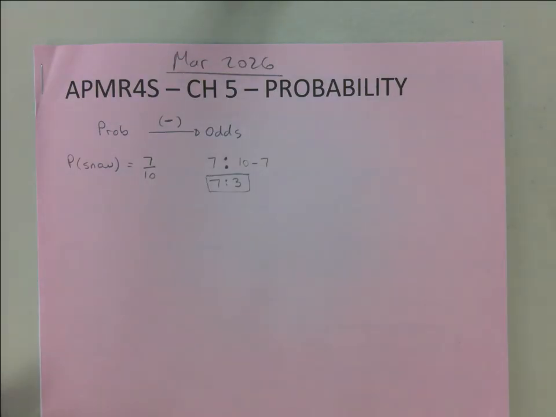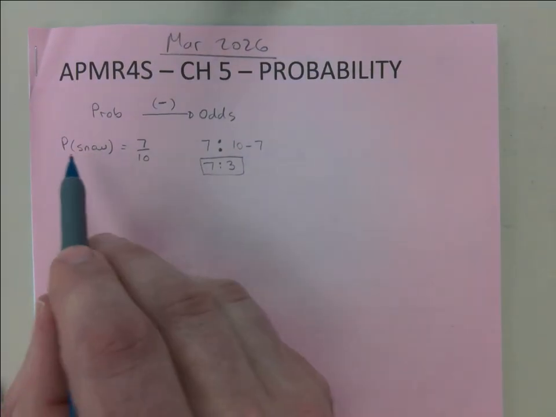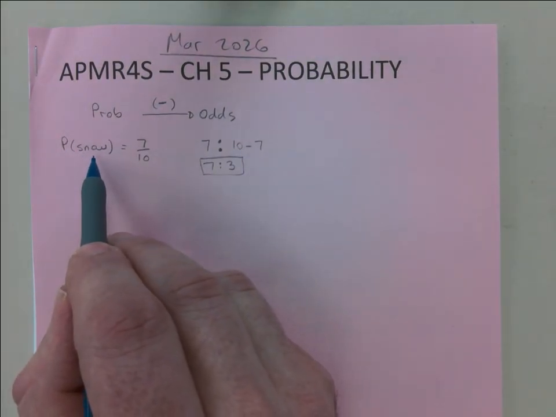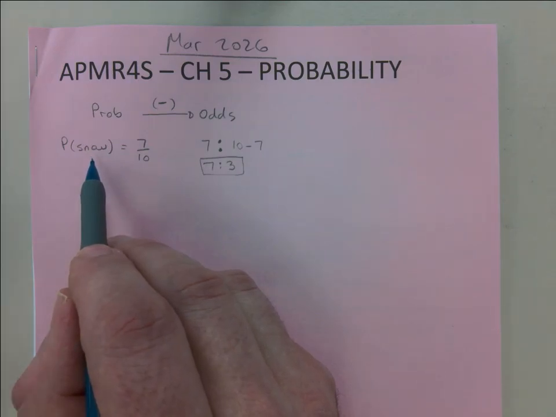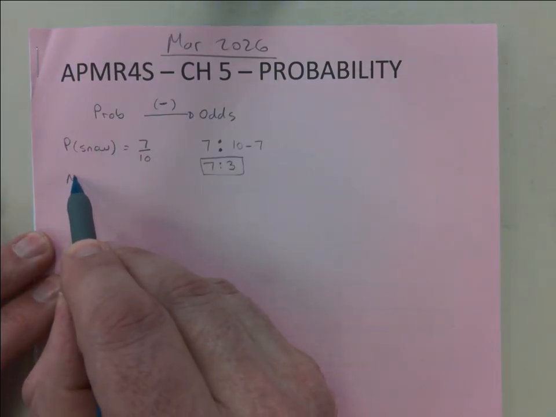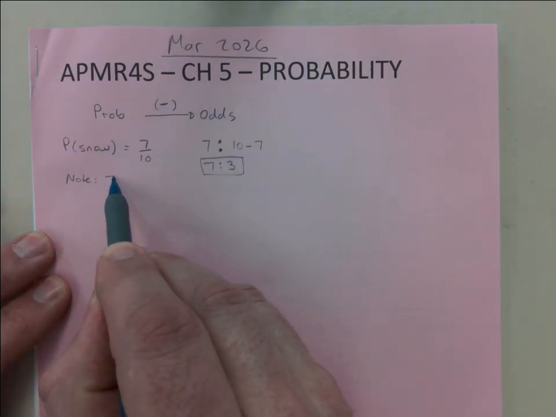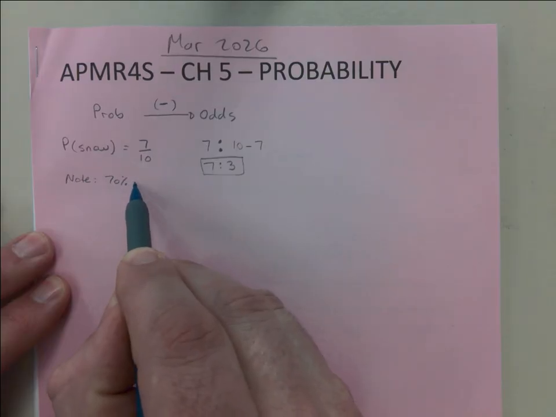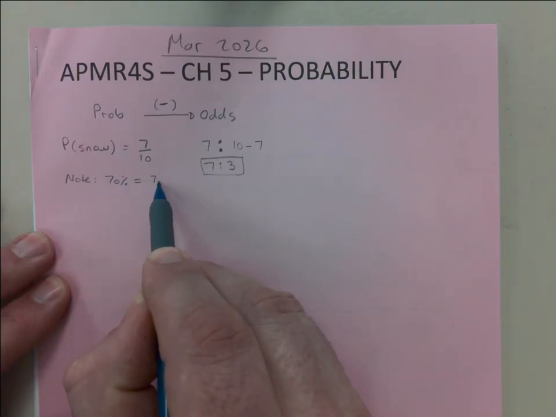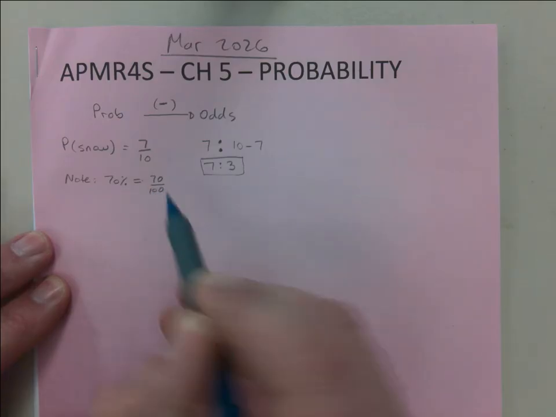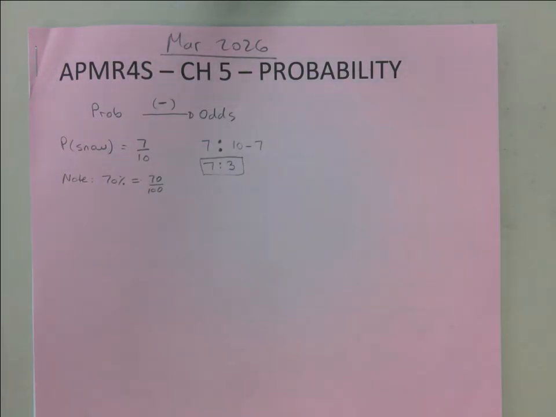I also need you to be aware that quite often the probability is either a decimal or a percent. So note, if you're given 70%, I want you to know that that's 70 over 100, right? Percent is always per 100.